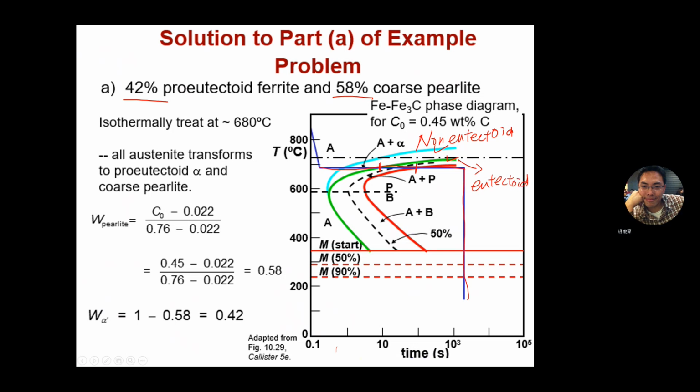Obviously the temperature is higher than TE, so this is a non-eutectoid reaction. Then we can use the lever rule that we already learned from the previous chapter to calculate the weight percent of each phase fraction.